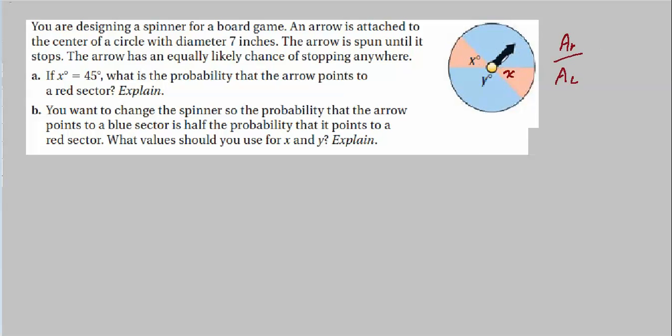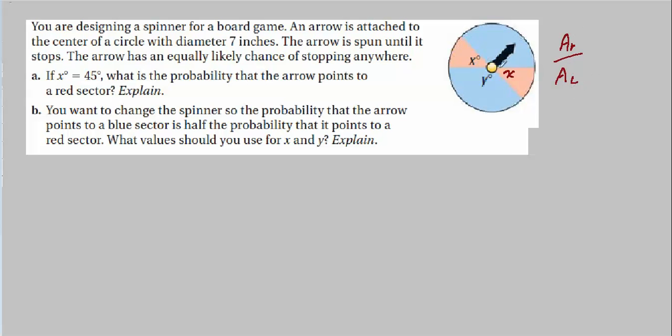And remember from previous problems when we worked this out, this is pi r squared times some fraction. This is just pi r squared. The pi r squareds drop out. And all that matters is the angle here, which tells us what fraction of the circle it makes up.